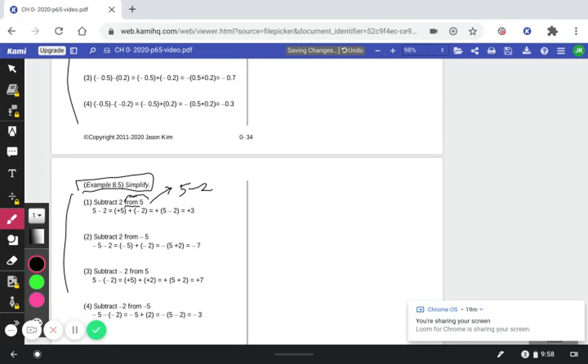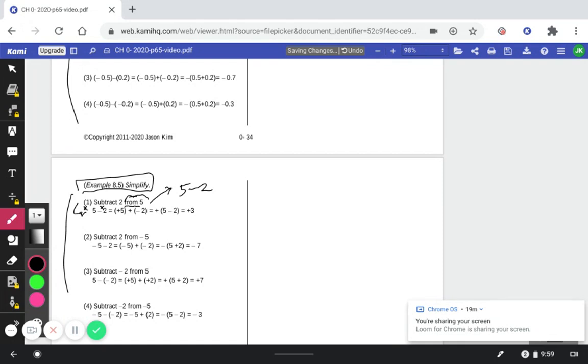Okay, so starting with 5, subtract 2, that's what they're saying. So when you have translated successfully, 5 minus 2, now they don't have any sign, so you put the sign as a positive 5 minus positive 2, and then you do keep change.